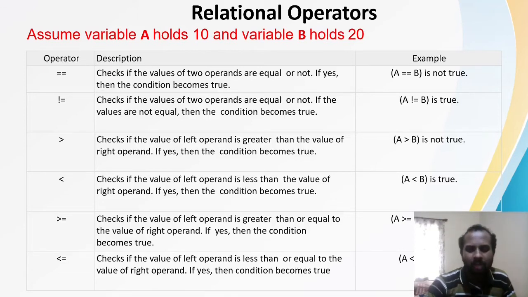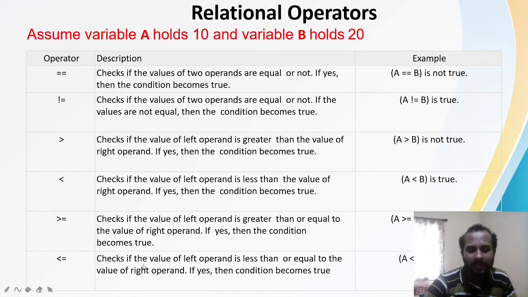Now it will not stop there only, it will also check whether 10 is equal to 20. Whether 10 is equal to 20? No, it is also not true. So it is going to print false. Now let me consider A is 10 and B is 10, and let me again check that, okay. Whether 10 is greater than 10? No. But whether 10 is equal to 10? Yes, it is 10 is equal to 10, right? So it will print true at that time.